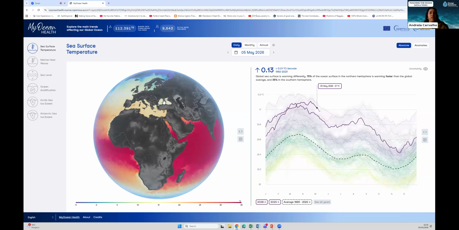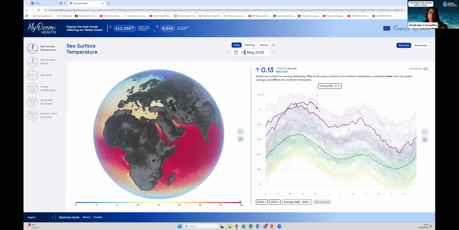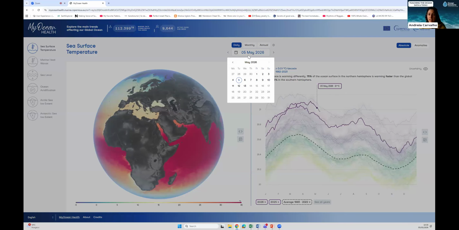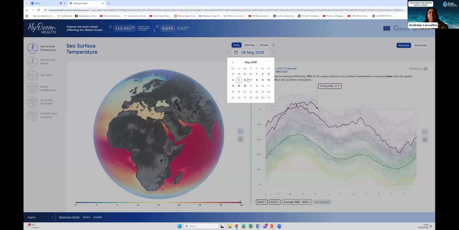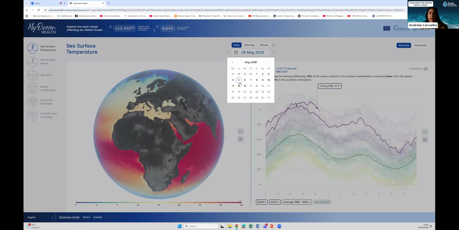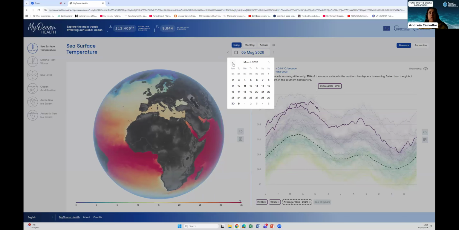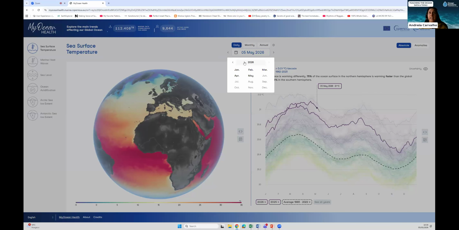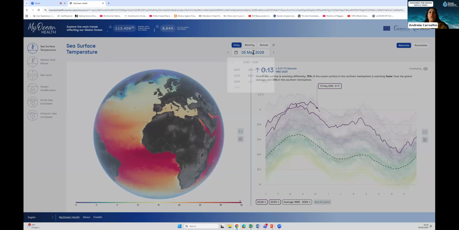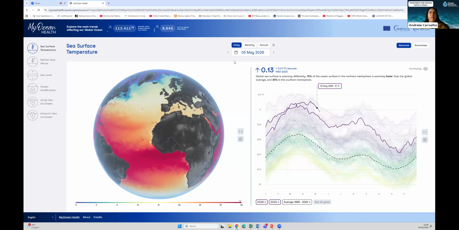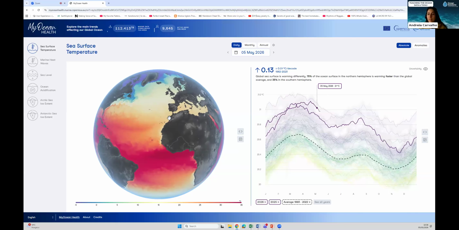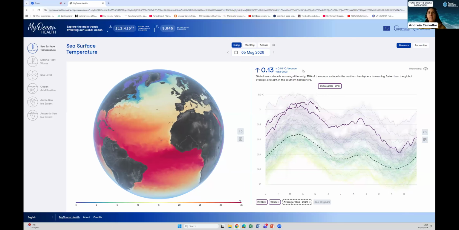And here we are seeing the sea surface temperature for the global ocean for today. So we will display daily data, so in real time, and also all the way from since 1993. So here you can choose another date, the sea surface temperature at another moment in time.